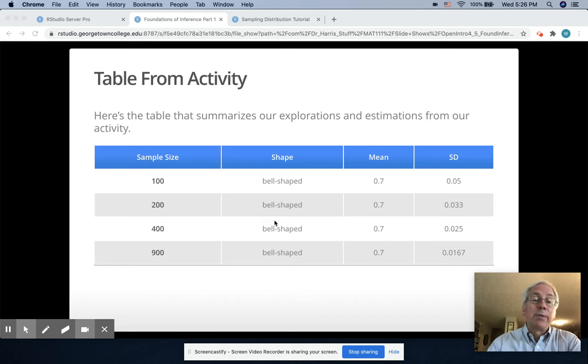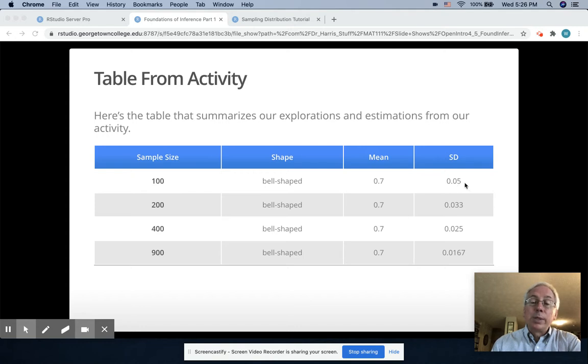And what we discovered is that for various sample sizes, I looked at 4 different sample sizes, the distributions all looked bell-shaped, normal, and they were all centered right around the population proportion 0.7.